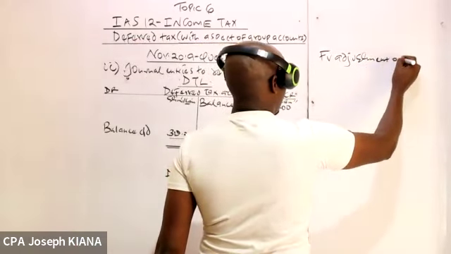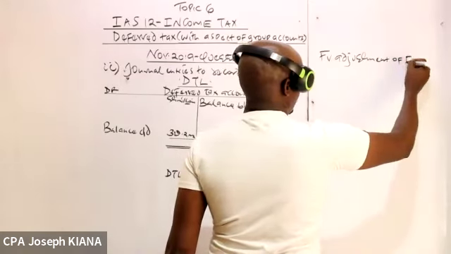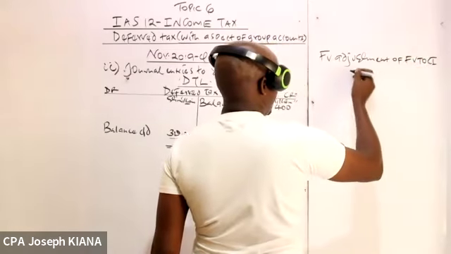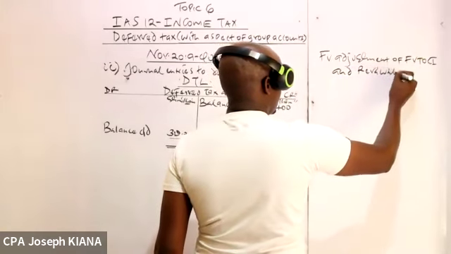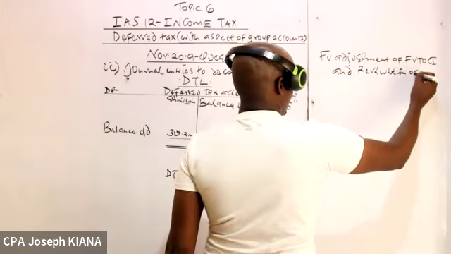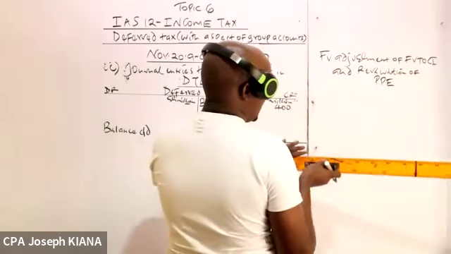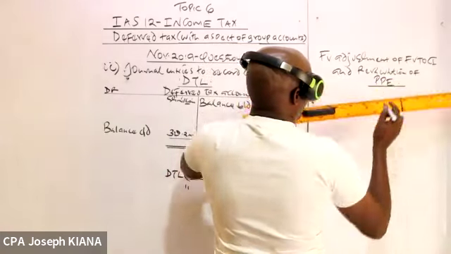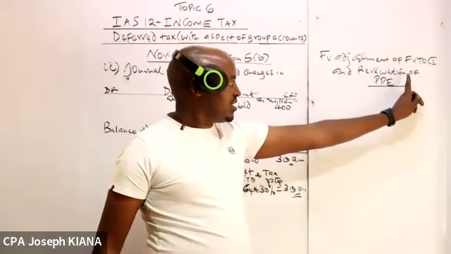The fair value adjustment of financial assets at fair value through other comprehensive income, and also revaluation of PPE. There is something I said I would explain in relation to note number 5. So fair value adjustment for this financial asset and also PPE.